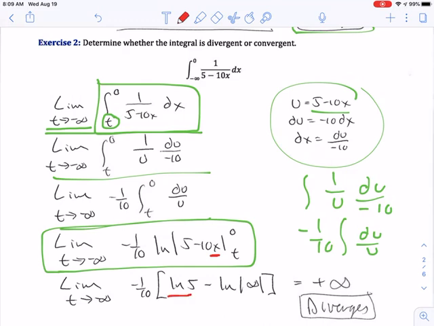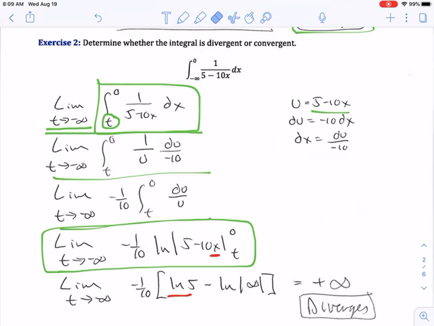And when we replace x with t, I didn't write that here, but when we replace that, we get the log of the absolute value of 5 minus 10t. Now, t is approaching negative infinity.